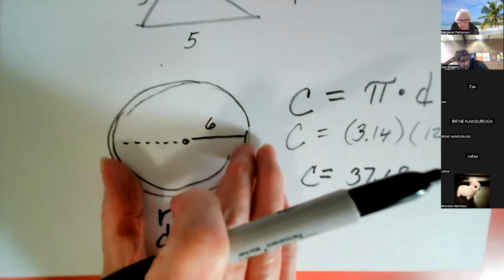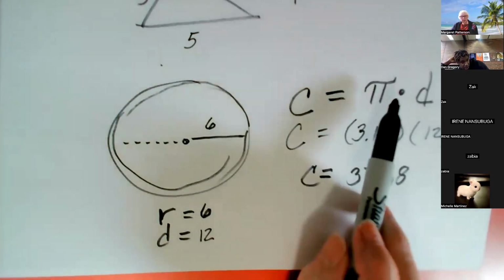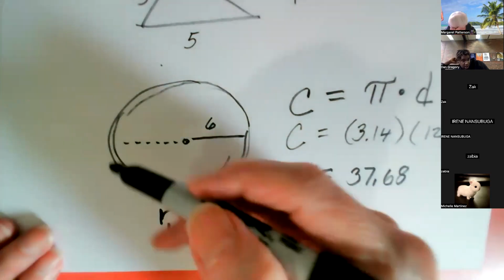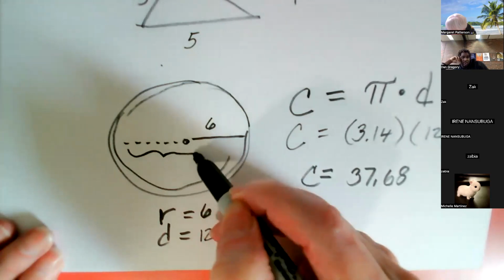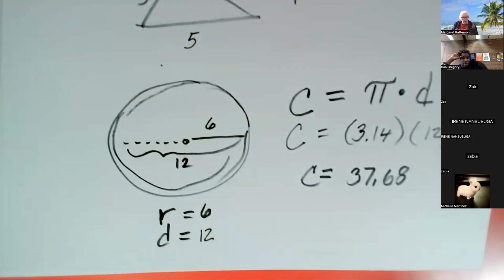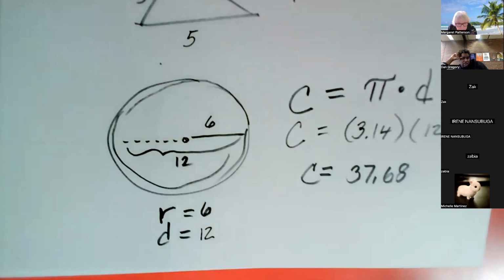It was the diameter that we wrapped. How about the 6? You didn't add the 6? Remember, the 6 is just the radius and the formula is the diameter, which is half. So the diameter would have to be 12. So we have to be able to distinguish between radius and diameter.